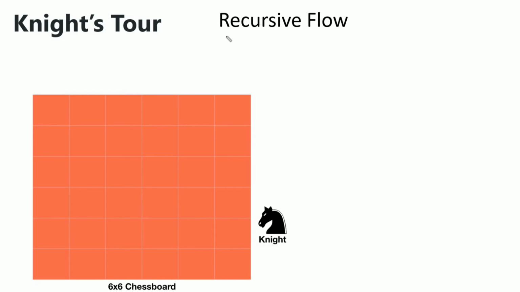So right now we'll be discussing the recursive flow. We will start from this first square, so the move number will be 0. Now from this we can move in 8 directions, like this, diagonally, down. As we know, this knight's tour can be solved by using a backtracking algorithm.